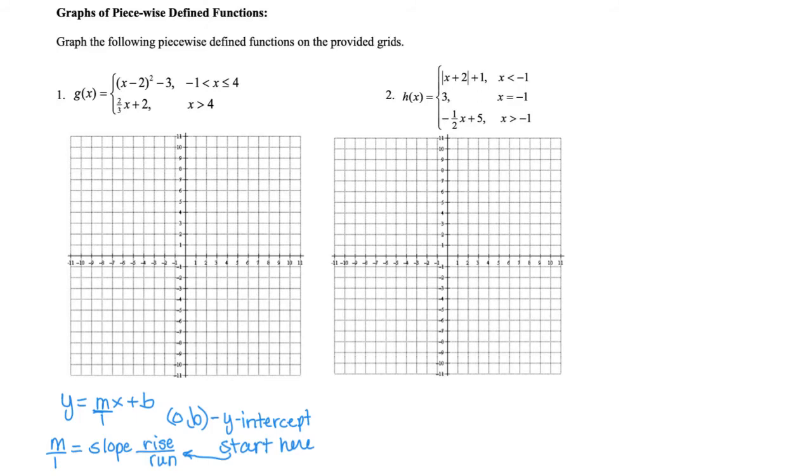All right. With your piecewise functions, I do encourage you, of course, to do a t-chart, because if you don't, you tend to forget some important points. The first important point and second important point is sitting right here. Students always say they don't know where to start with a piecewise function. Well, it's right there. You use your boundaries. And somebody always says, well, it says it's greater than, not equal to.